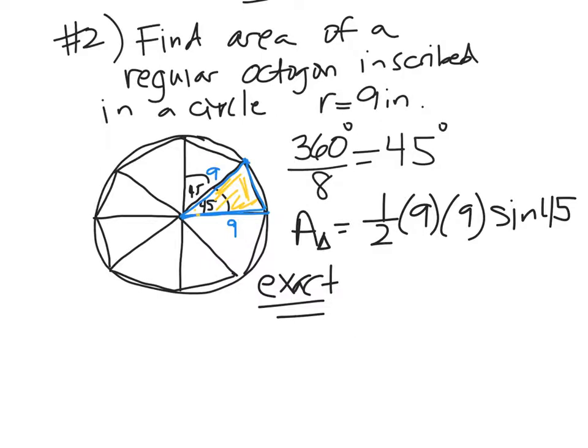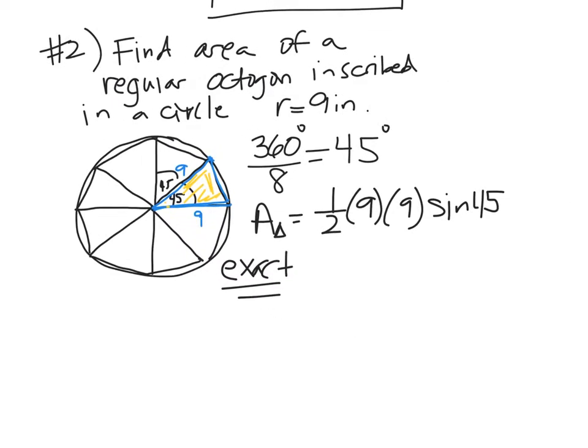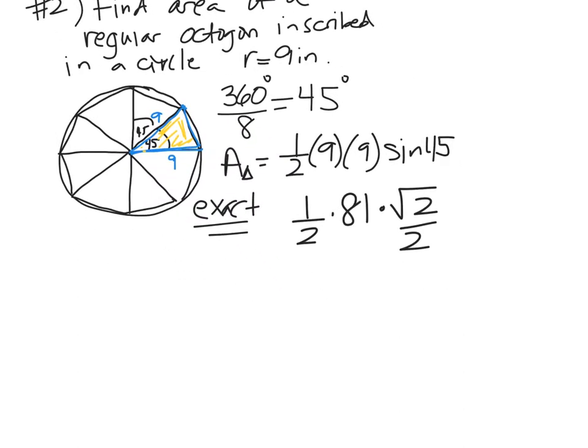You have to know what the sine of 45 is. So we're going to go 1/2 times 9 times 9, which is 81, times the sine of 45. What is the sine of 45? Rad 2 over 2. Yes, rad 2 over 2. Perfect. So then we get 81 rad 2 over 4.